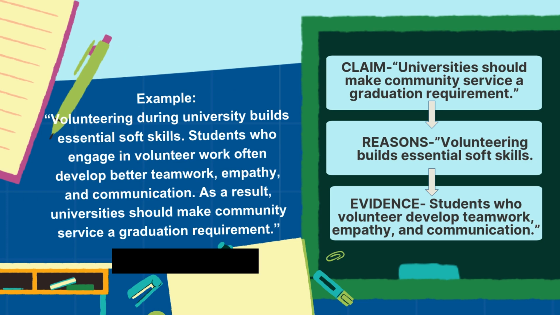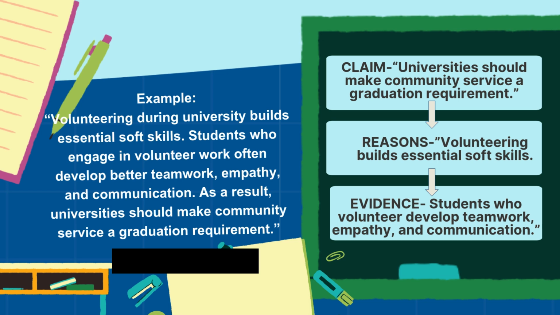Here's a short example. Volunteering during university builds essential soft skills. Students who engage in volunteer work often develop better teamwork, empathy, and communication. As a result, universities should make community service a graduation requirement. Let's break this paragraph down.